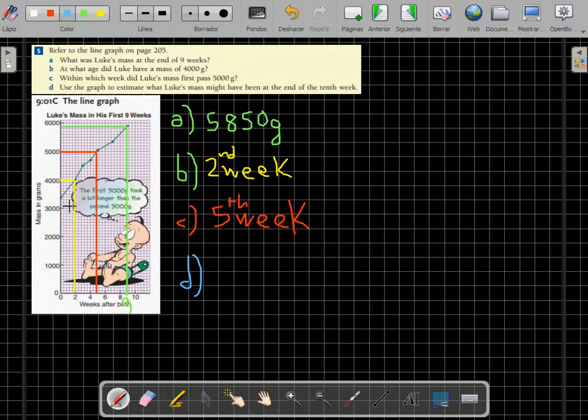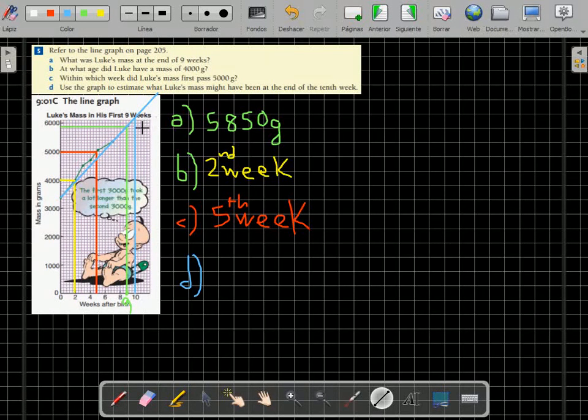For that we're going to make a line joining the first point with the last one, and from there we can go on. Sorry, I used once again the wrong button. There. Okay, so what are we going to do now? I'm going to make a straight, vertical line from the 10th week to that line that I just drew.